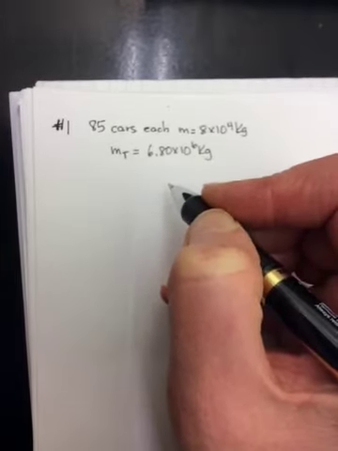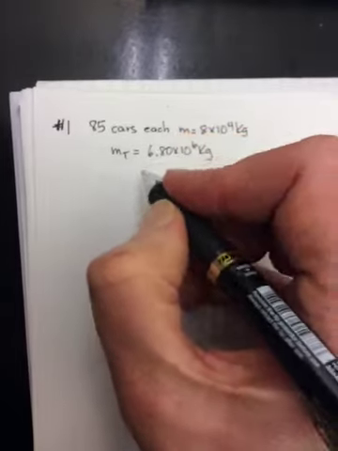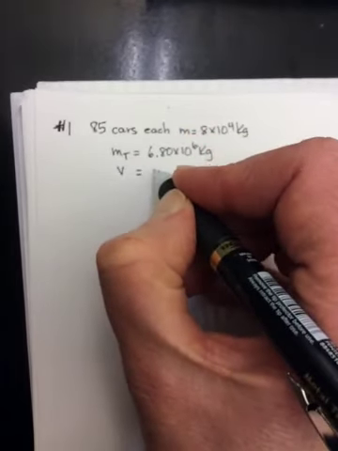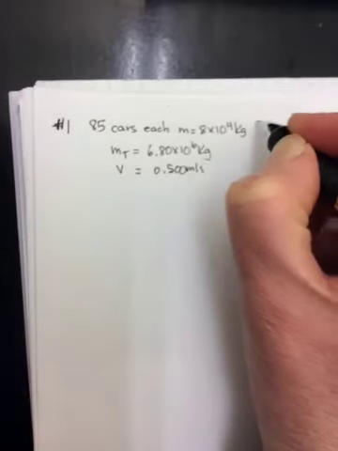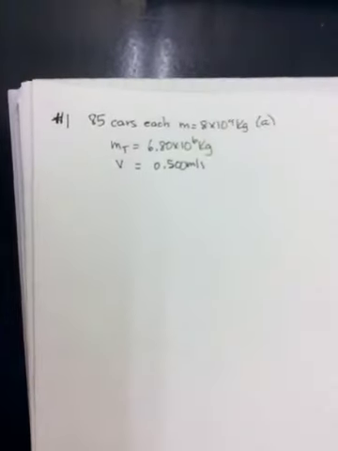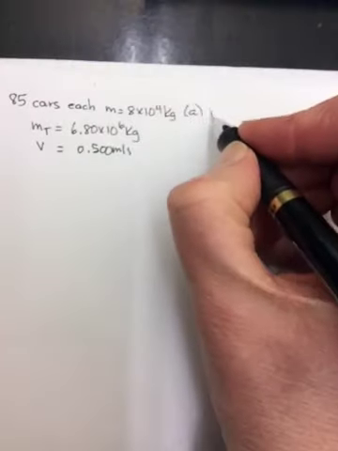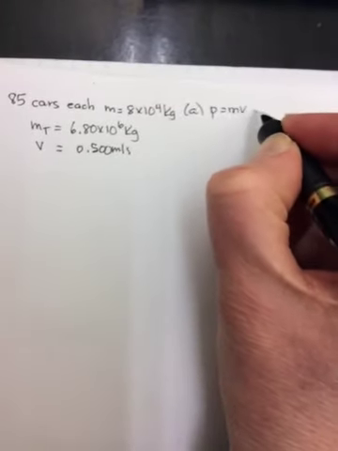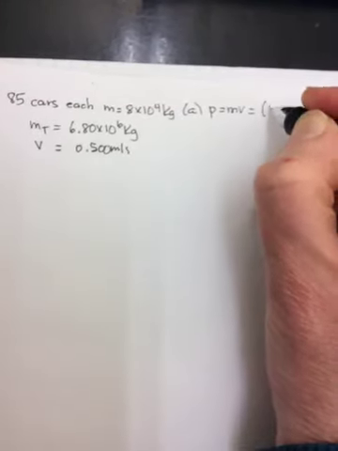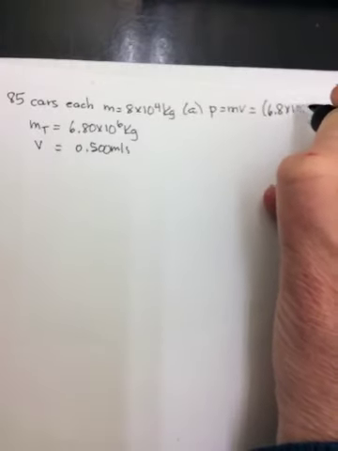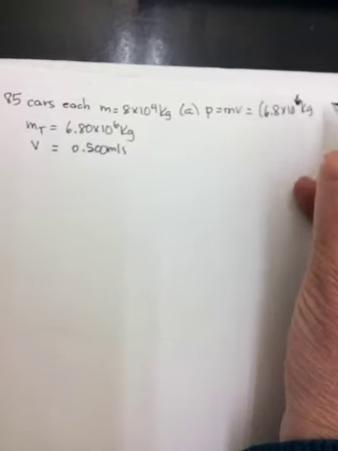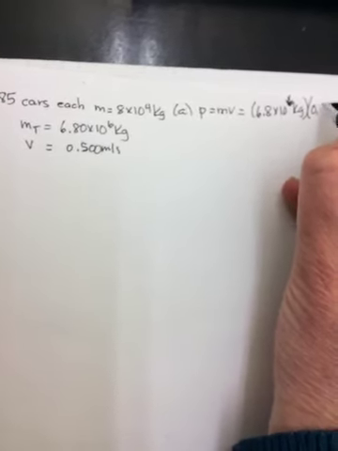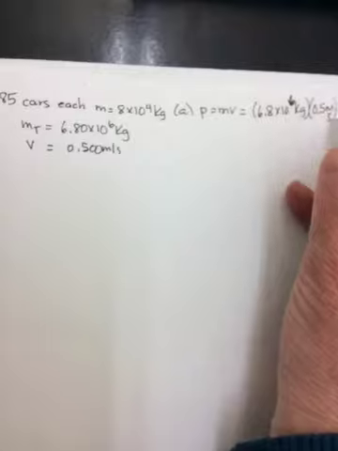And then it says it's moving down the track so the speed is 0.5 meters per second. So part A wants to know what is the momentum. So it's just P equals mv. So 6.8 times 10 to the 6th times 0.5 meters per second.